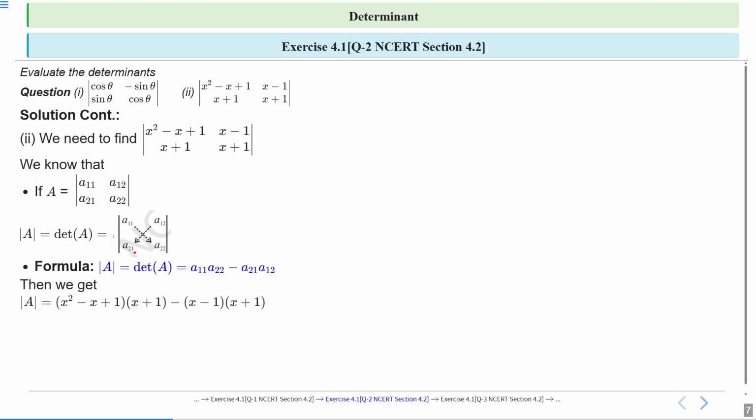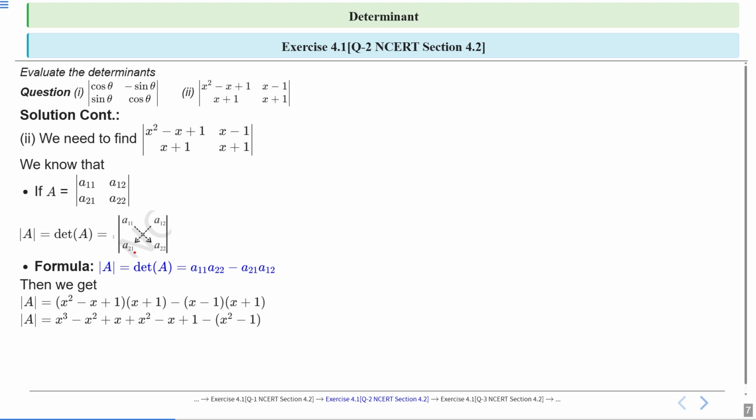So we get determinant of A is x square minus x plus 1, entry A11, into x plus 1, entry A22, minus entry A21, which is x plus 1, into entry A12, which is x minus 1. So we get x minus 1 into x plus 1.